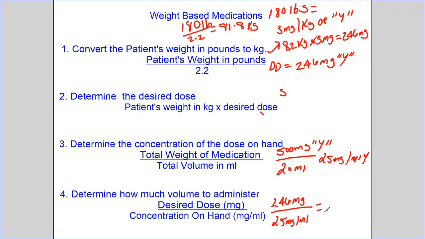And we're going to do the math. 246 divided by 25. We're going to give 9.84 milliliters. Or we'll say 9.8 mils. Bam. All right, let me erase all that stuff.